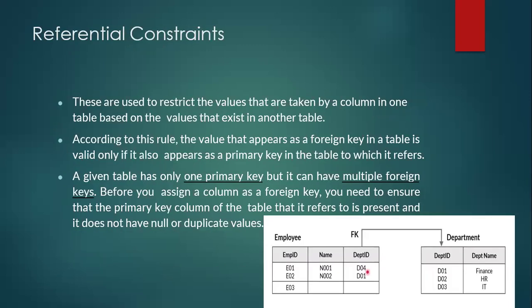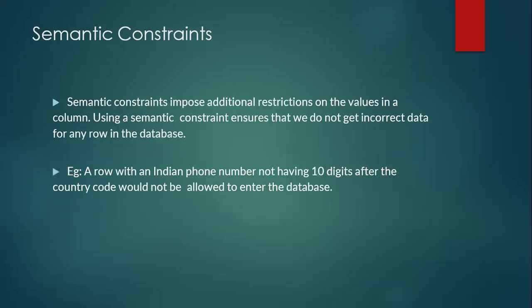And referential constraint says we can enter a value in a foreign key column only if it is entered in the primary key column. Got it? Now semantic constraint again stops incorrect data from being entered into our data warehouse.